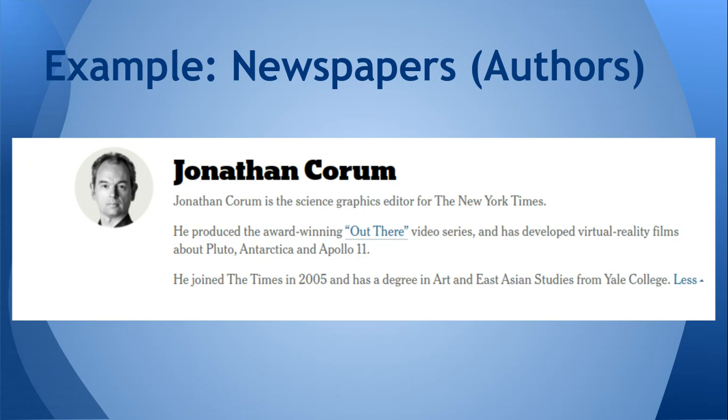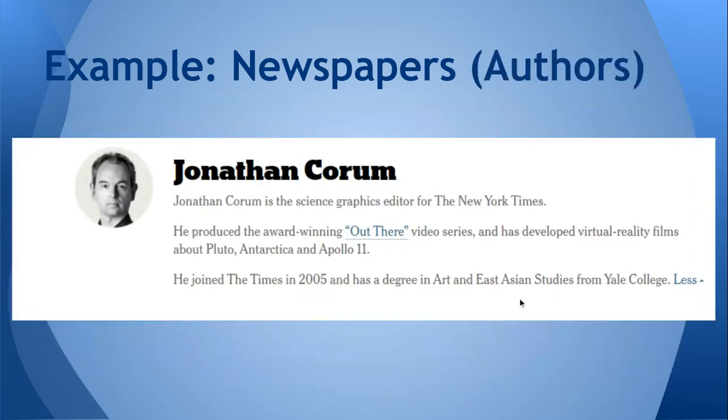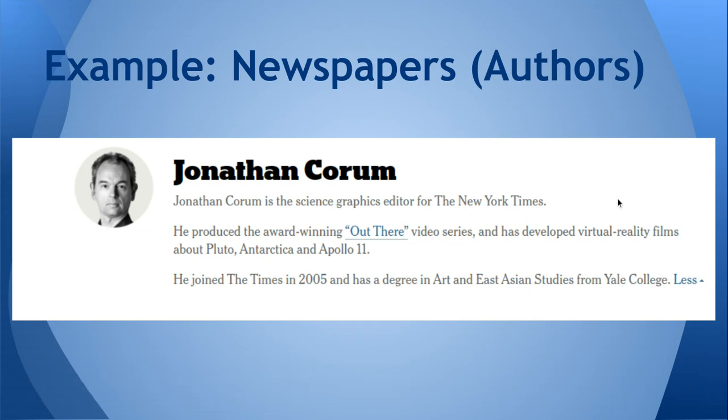For instance, you would not expect someone who has a background in, I don't know, child development, to be talking about something like how the coronavirus mutates and spreads, right? Because it's just not their particular field of expertise. So you'd want to look at who this person is, what they have degrees in, and what they're writing about, and then make a decision from there about, do you think they have the authority to write on this particular subject?